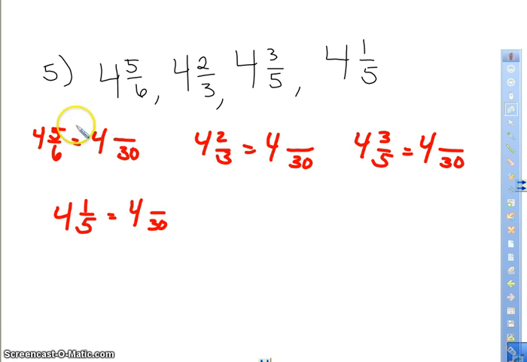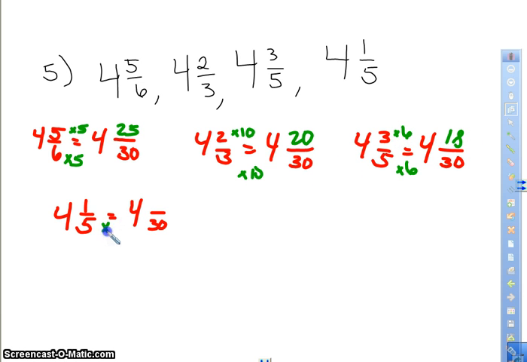Okay, 6 times 5 is 30. 5 times 5 is 25. 3 times 10 is 30. 2 times 10 is 20. 5 times 6 is 30. 3 times 6 is 18. 5 times 6 is 30. 1 times 6 is 6.